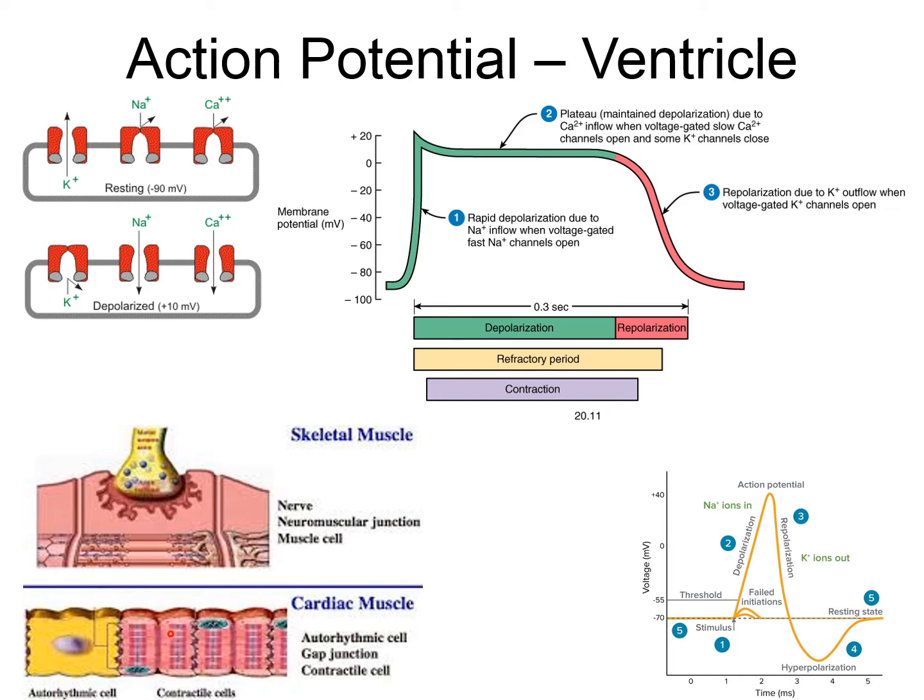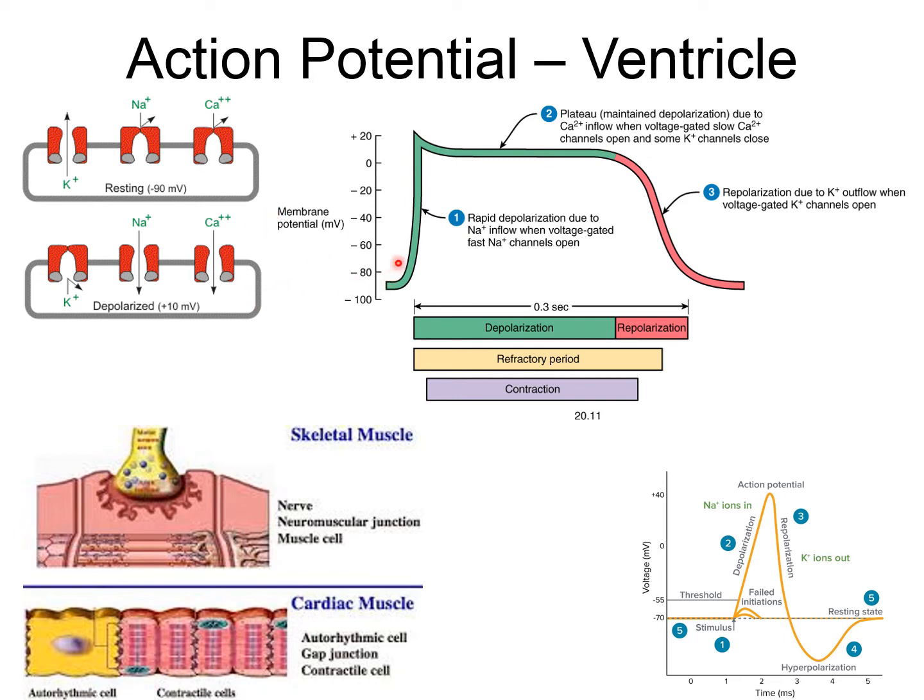So if one cell is having action potential or is stimulated, then it can pass its ions directly to the neighboring cell. So if this cell was at minus 90 millivolt, on resting membrane potential, it has got a few sodium ions from the neighboring cell because that has gone to action potential.